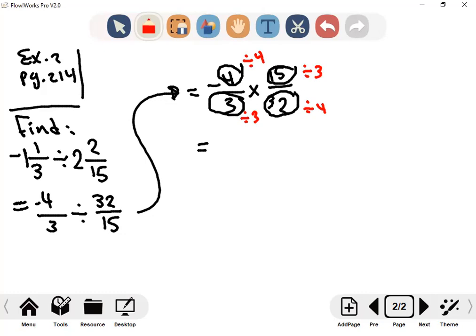So here, negative 4 divided by 4, negative 1, over 1, multiplied by 5 over 8. This is equal. Now multiply normally. Negative 1 multiply 5, negative 5 over 8, and this is simplified. Negative 5 over 8.